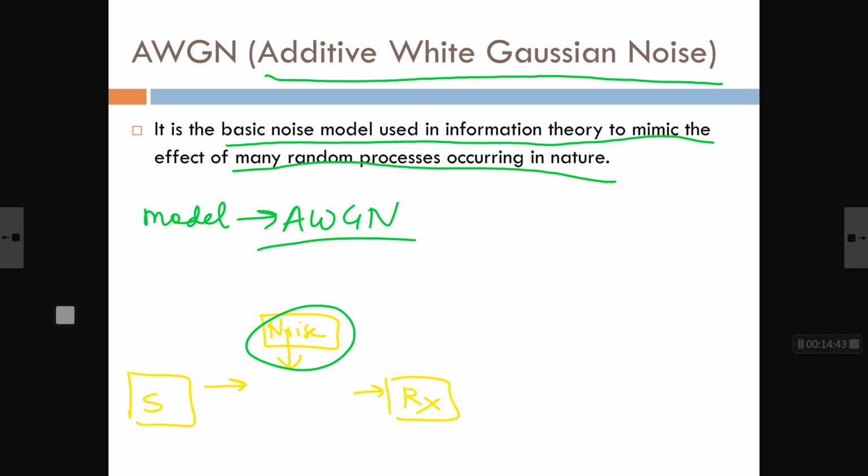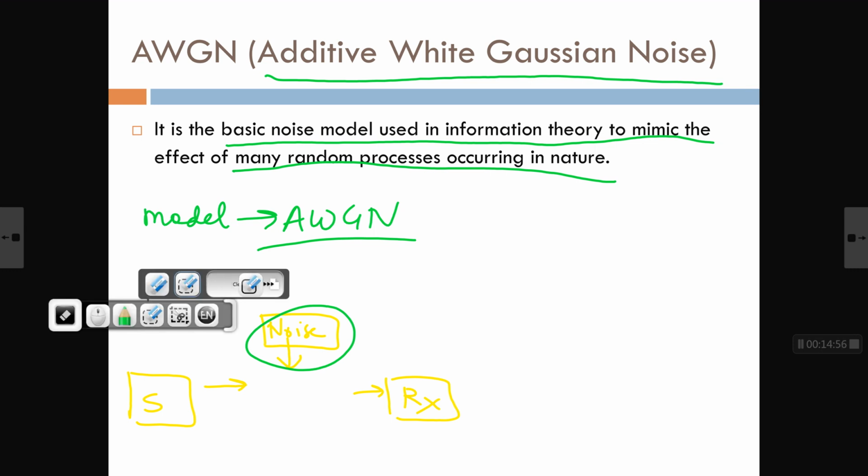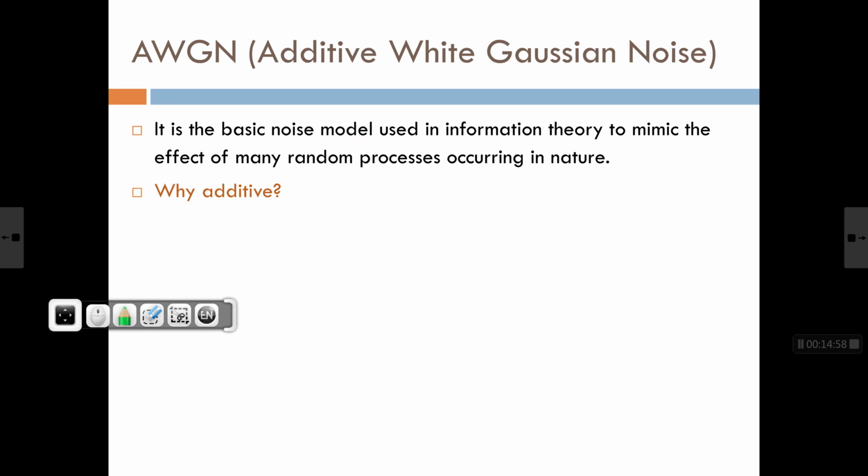Any noise, in general, we consider to be white Gaussian noise. Now, why the name AWGN, why is it additive white Gaussian noise, we shall have a look at it.